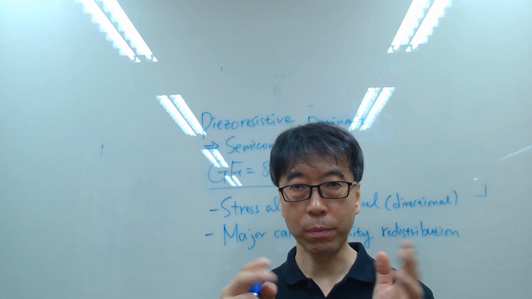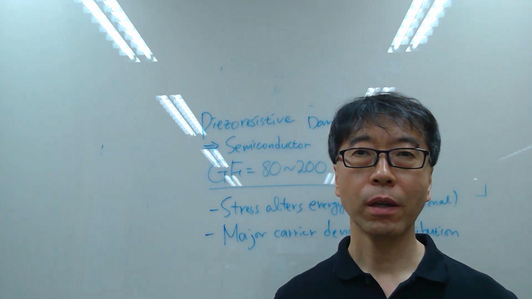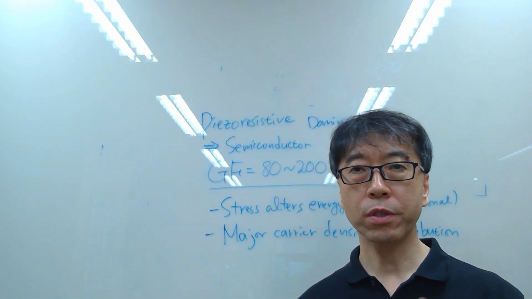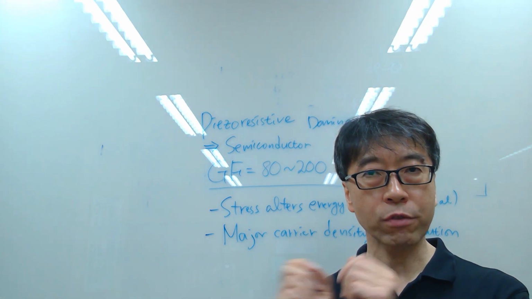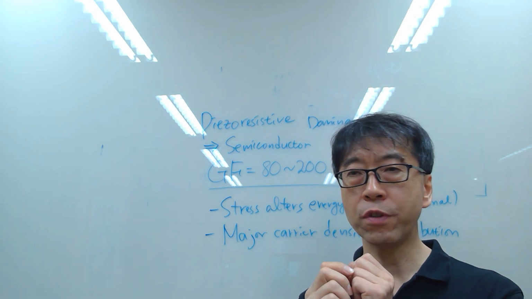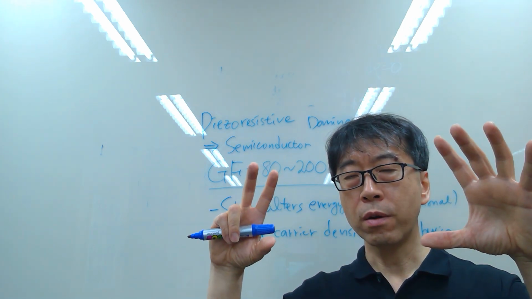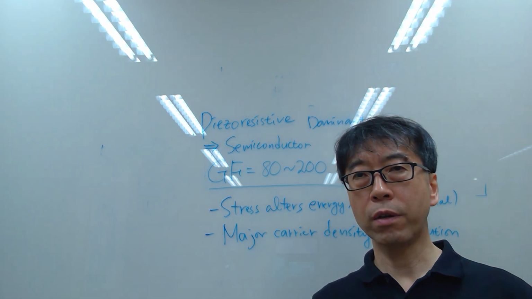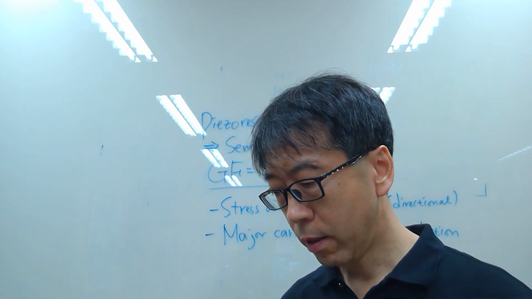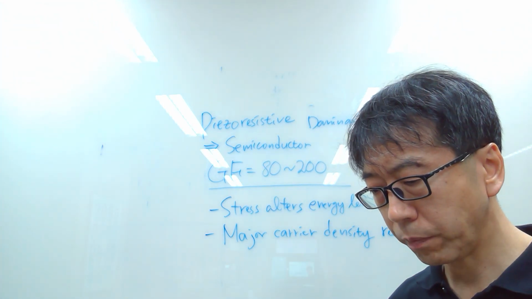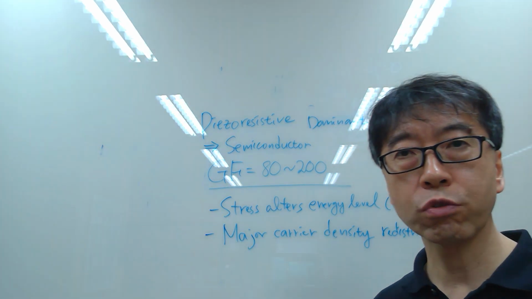Group 13, like aluminum, boron. So if you mix boron with silicon, you have a deficiency of electrons. And we call this deficiency of electrons a hole.